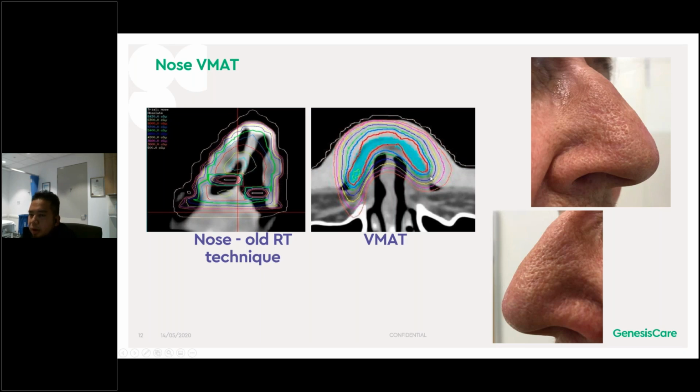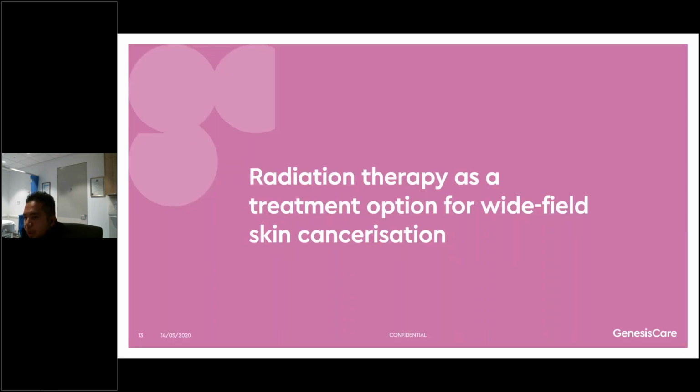Believe it or not, I think that's helped to preserve the cartilage in the septum, and in the long term, less worry to the patient in terms of complications and late effects on the cartilage of the septum itself, whilst getting rid of the skin cancer and giving good local control altogether. So that's an example on the nose.